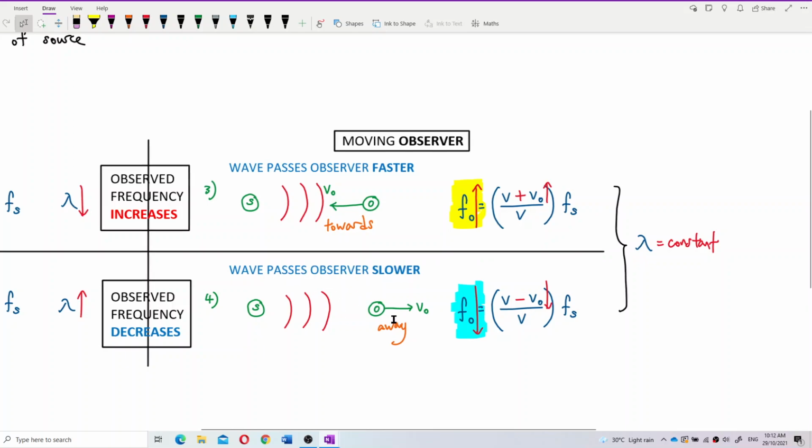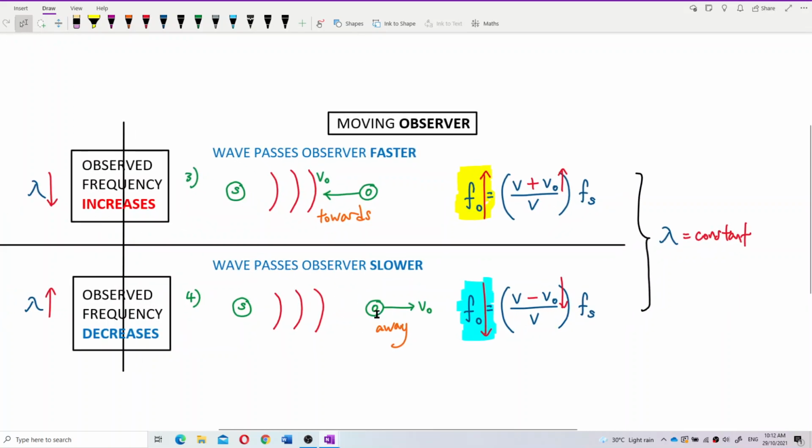Now the fourth situation is, if the observer is moving away from the source, what happens? If the observer is moving away from the source and the sound wave is also moving towards the observer, it's like the sound wave is trying to catch the observer, but the observer is leaving.